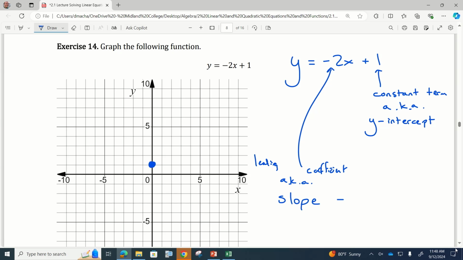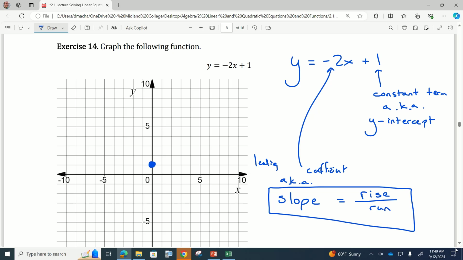And what we mean by the slope of a line is rise over run. If you have a slope of -2, like we do here, a slope of -2 means that if I move from left to right, I'm moving in the right direction.